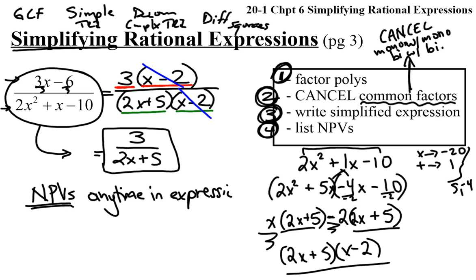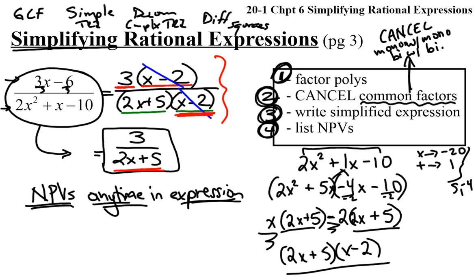I don't just list the NPVs for my final value. I need to list also the NPV in that first factoring step, because if I had a zero value here, this expression would be undefined. So you need NPVs for any point in the expression.